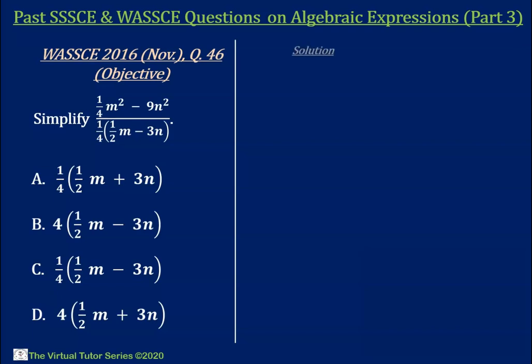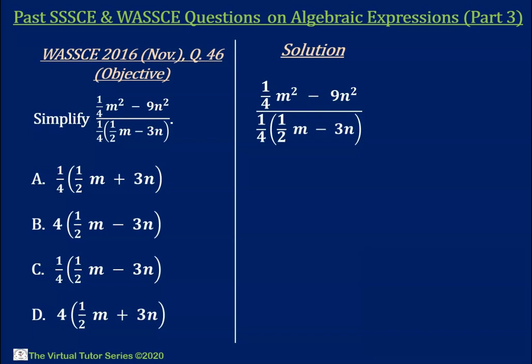Solution. We have the expression 1 over 4m squared minus 9n squared all over 1 over 4 times (1 over 2m minus 3n).